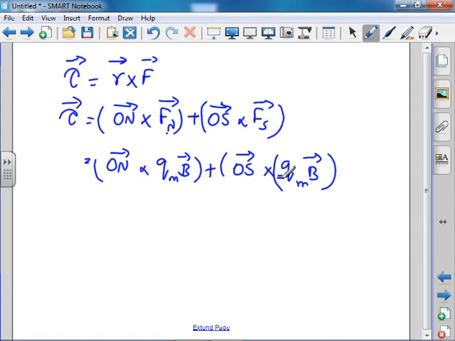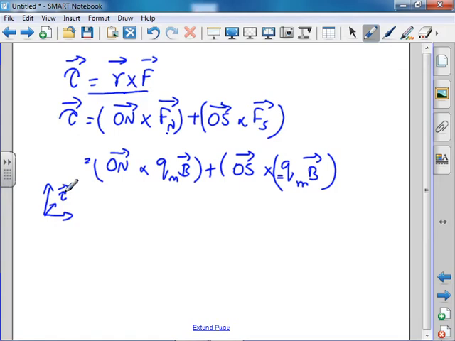And from the corkscrew rule, it is a cross product of two vectors, is it not? So the resultant is always perpendicular to both R vector and F vector. The tau vector acts inward, into the paper.